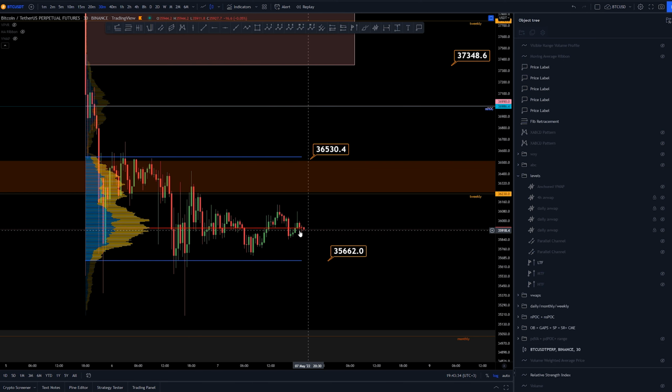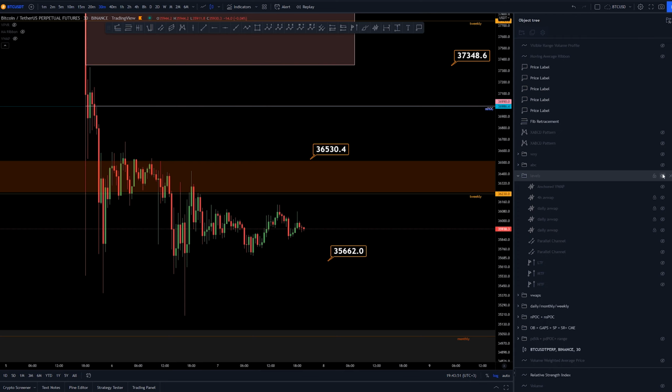The point of control is basically the target one that I have, where I take half of my position out on these scalp trades. But yeah, I think that's all I want to share on Bitcoin.